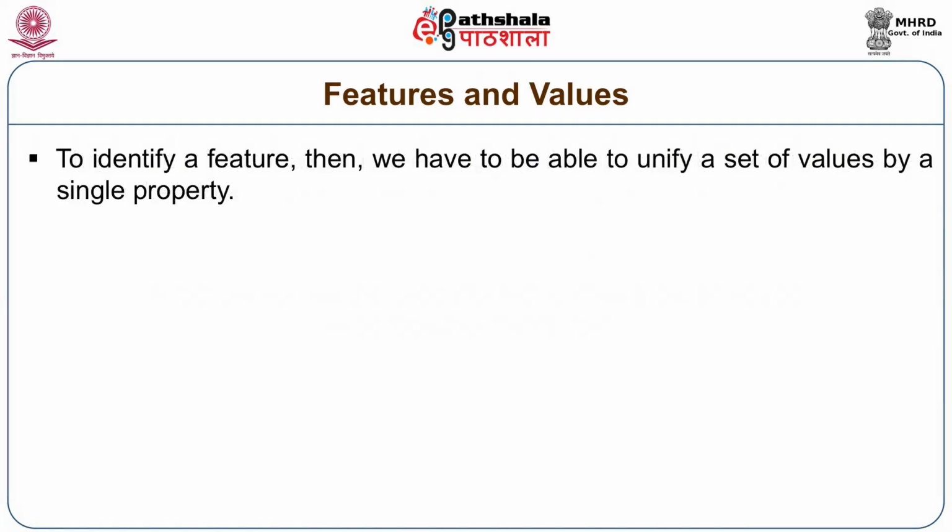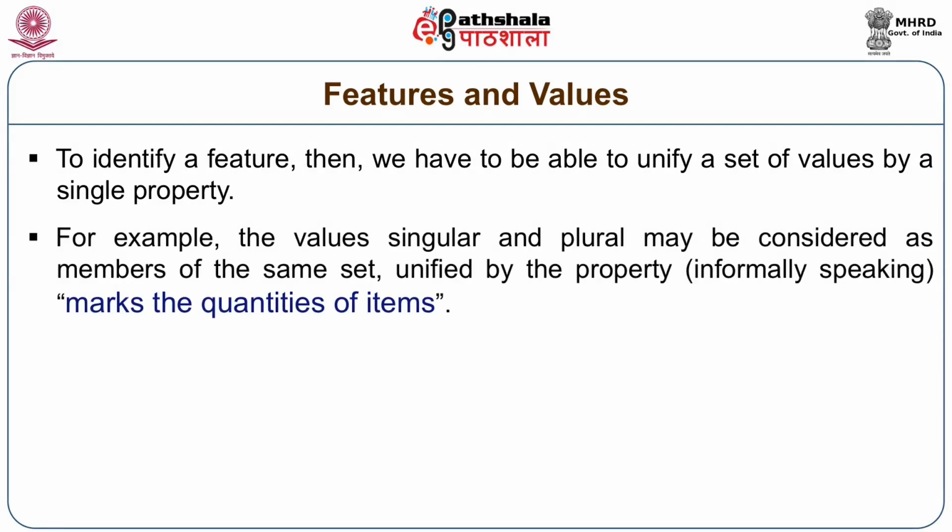So to identify a feature, we have to be able to unify a set of values by a single property. The values singular and plural can be considered members of the same set, unified by the property that marks the quantities of items, informally speaking.